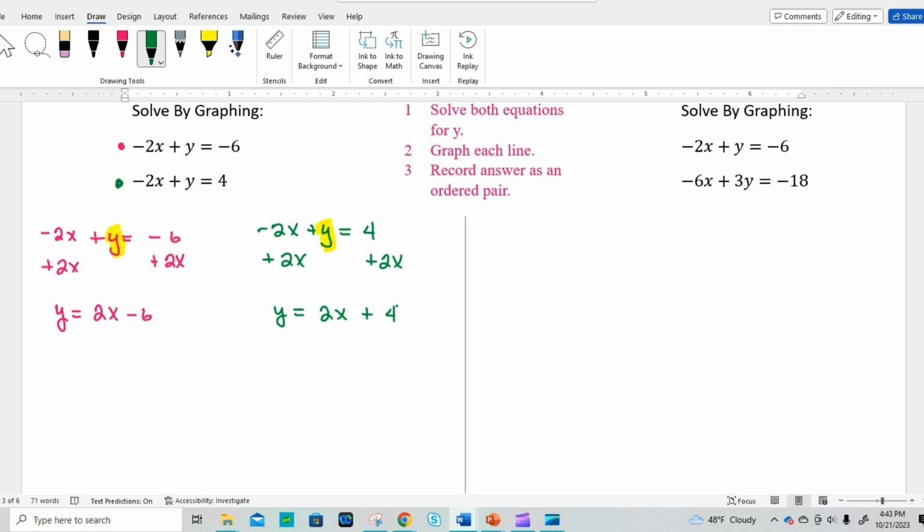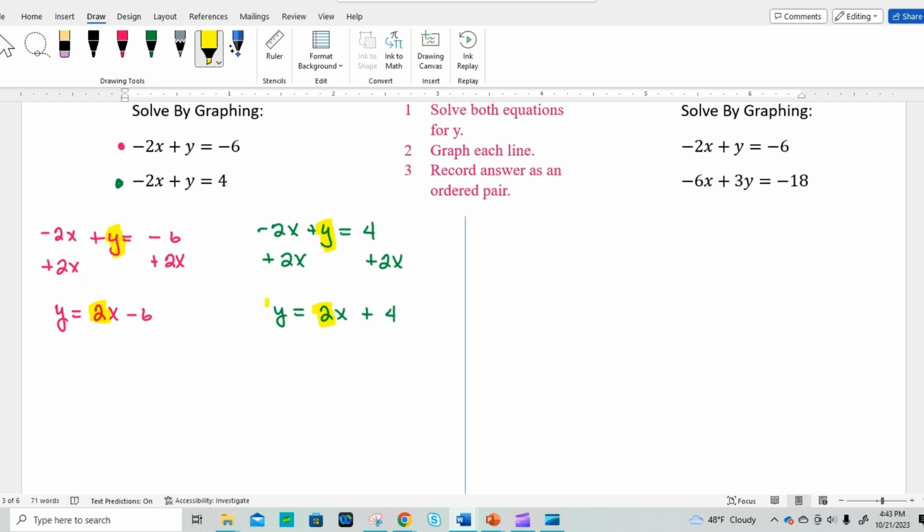And I step back and I look at what do I have. Well, the slope of both is 2 because I've got 2x minus 6 and I've got 2x plus 4. So immediately I know that this is a special case for sure because my slopes match. My y-intercepts do not match.